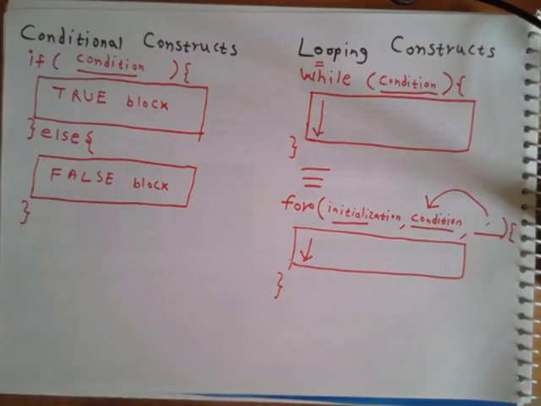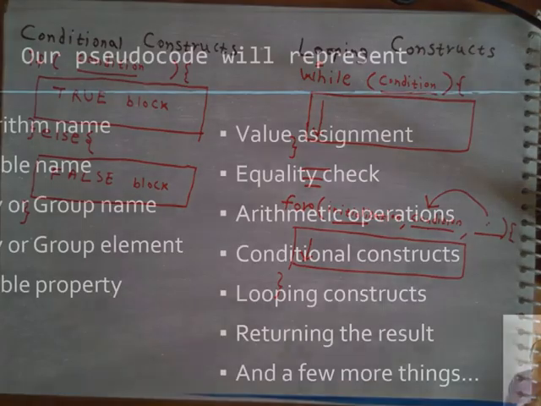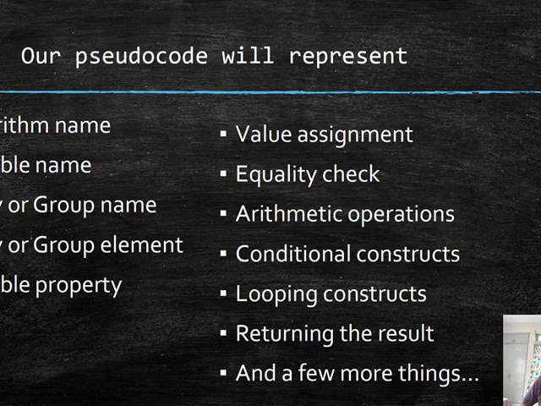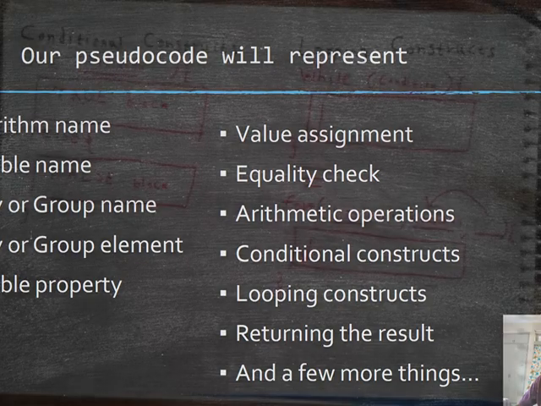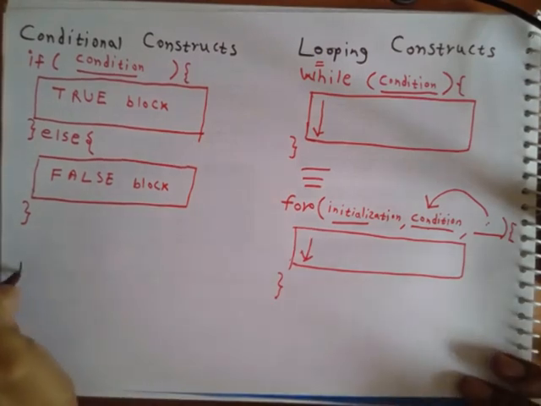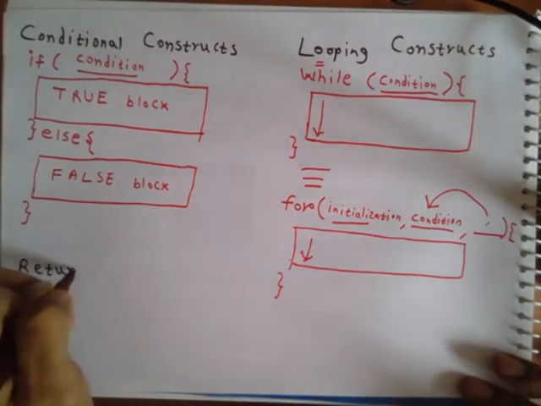Okay, so to summarize, we are going to have two conditional constructs. One is the if, second is if else, and we are going to have two looping constructs, while and for. Okay, and now let's talk about just returning the values. So whenever we are done with executing our algorithm, how are we going to return anything?